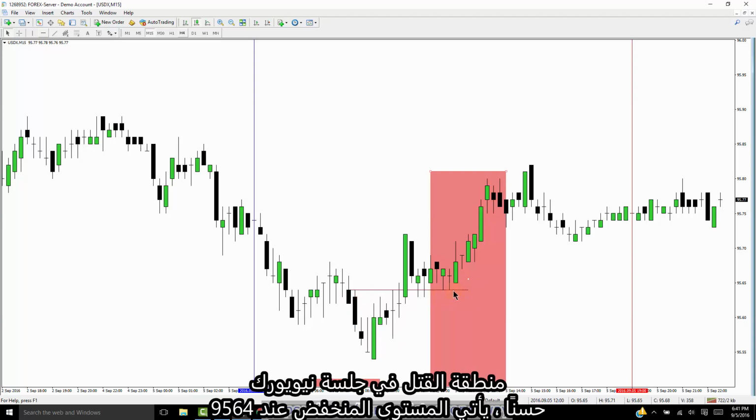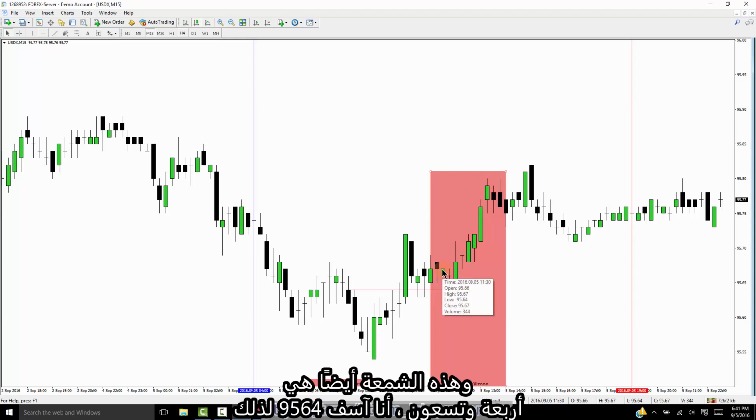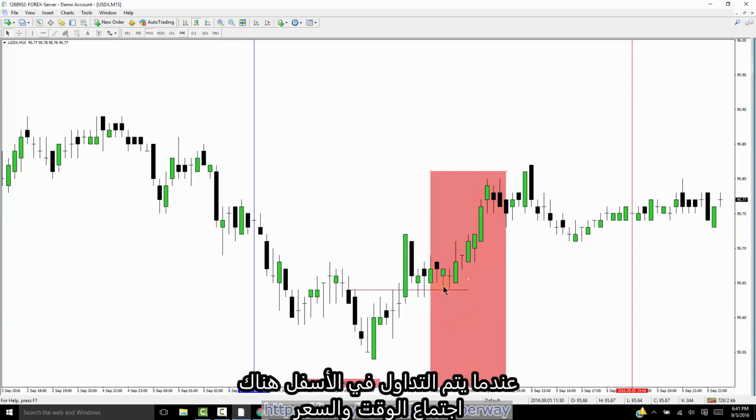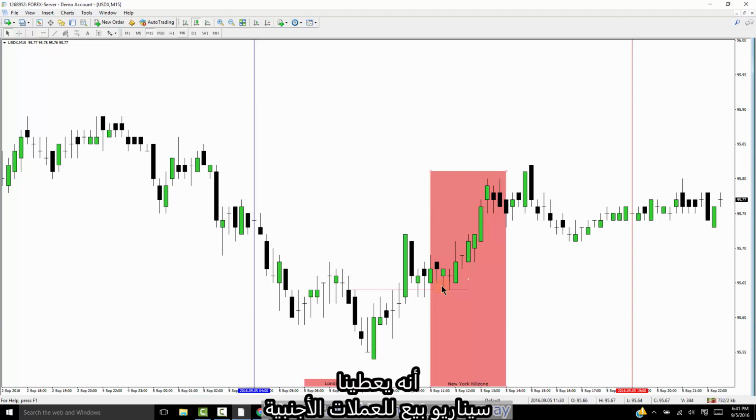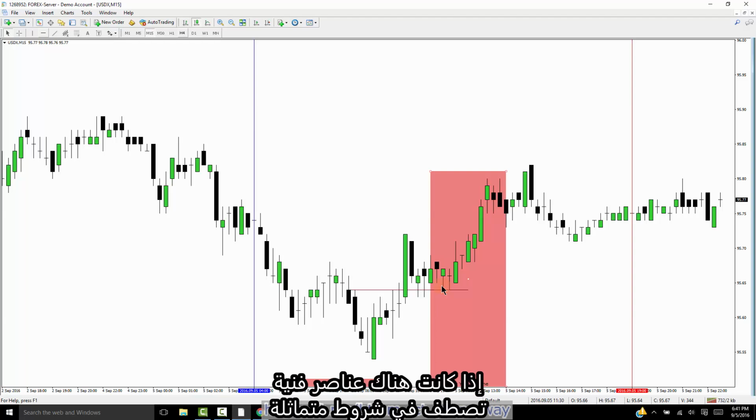During the New York session kill zone, the low comes in at 95.64, and this candle as well is 95.64. So when it trades down there, that's time and price meeting inside a kill zone, and that's a New York session buy. Or reversing that, it gives us a sell scenario for foreign currencies if there's technicals that line up in symmetrical terms.